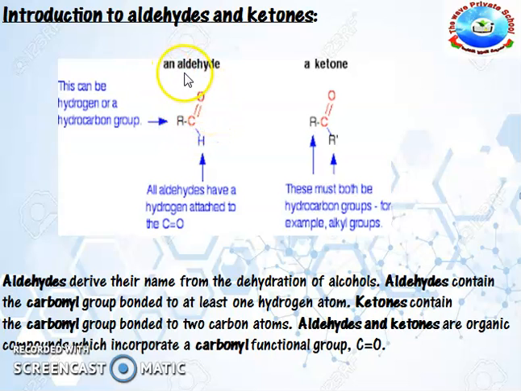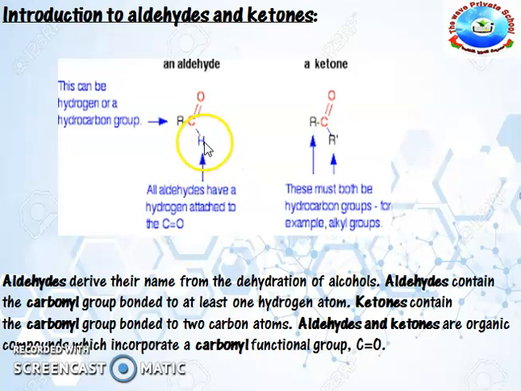Now see students, the name aldehyde is derived from the dehydration of alcohol. You know the formula of alcohol has OH. When you dehydrate alcohol, the hydrogen goes off and only the oxygen part is left. That's why the name has come from dehydration of alcohol.